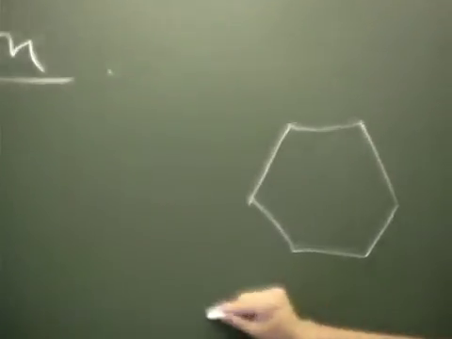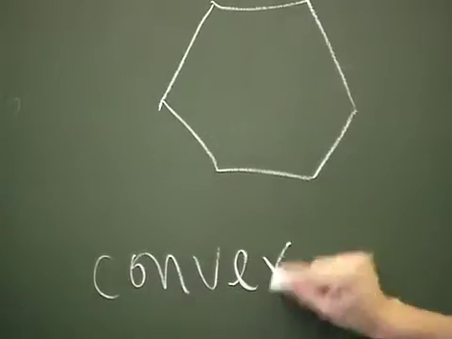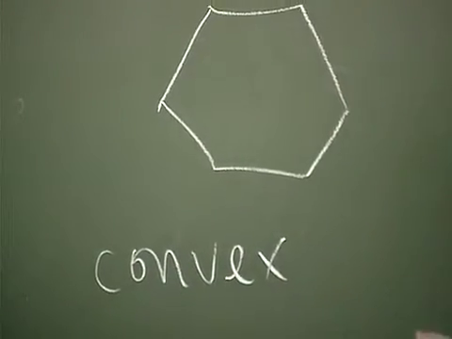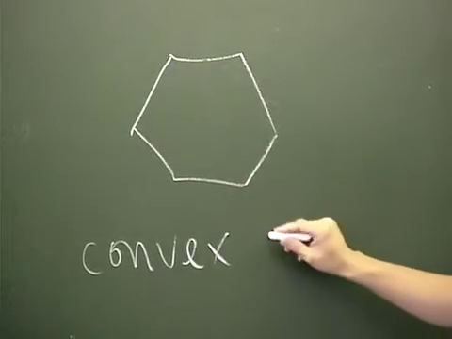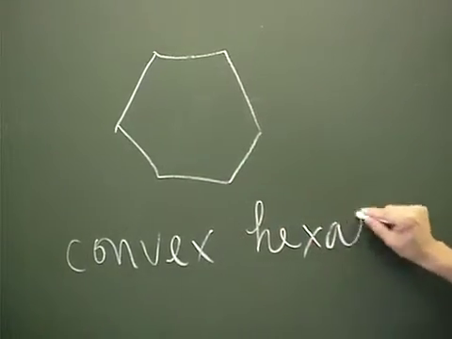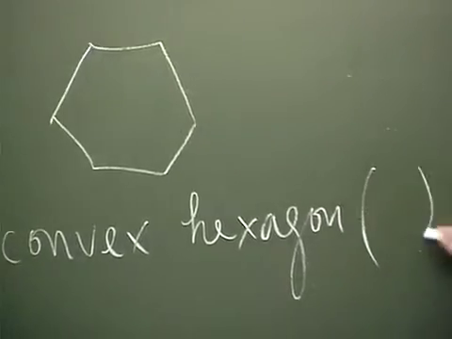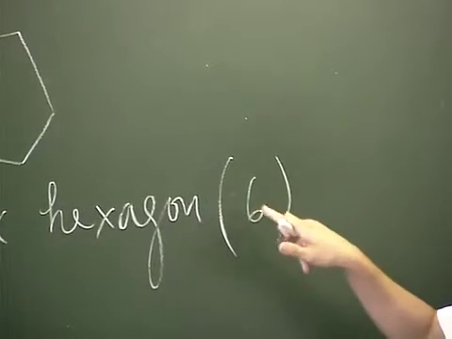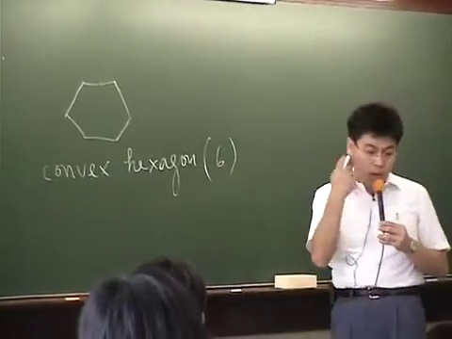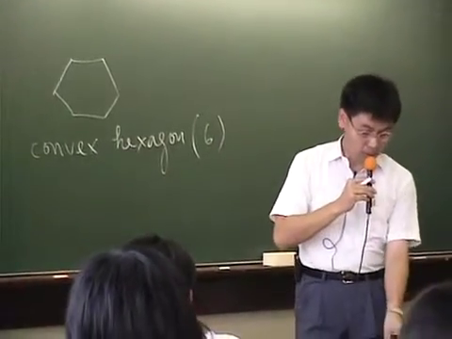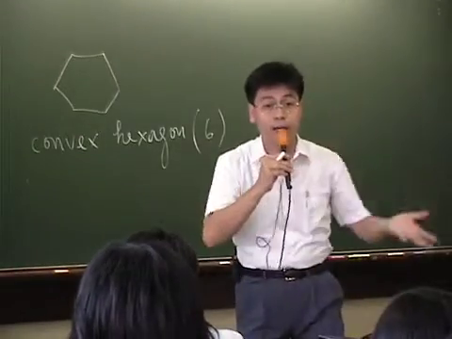This kind of polygon I call a convex polygon. We have 1, 2, 3, 4, 5, 6. We call it a convex hexagon. I use the number to represent that it is 6-sided. The polygon is 6-sided.